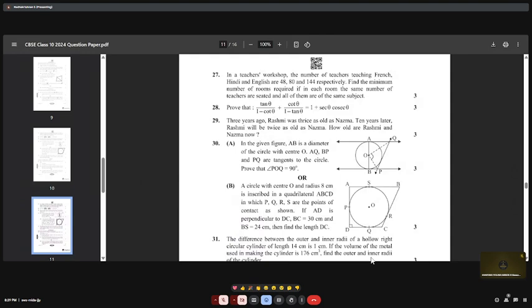Sir, 3 years later means X plus 7, right? No. See, first condition is X minus 3. Rashmi's age 3 years ago was X minus 3. Nazma's age 3 years ago would have been Y minus 3. And the condition given is X minus 3 is equal to 3 times Y minus 3.